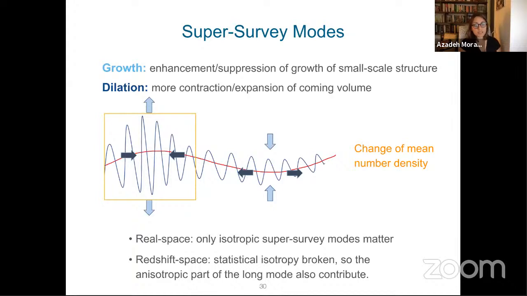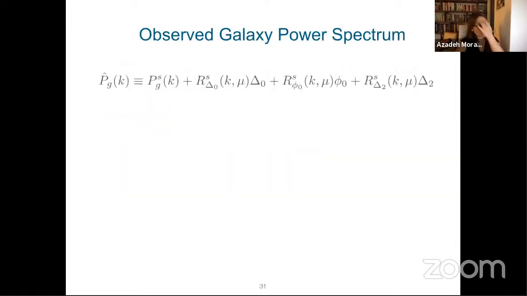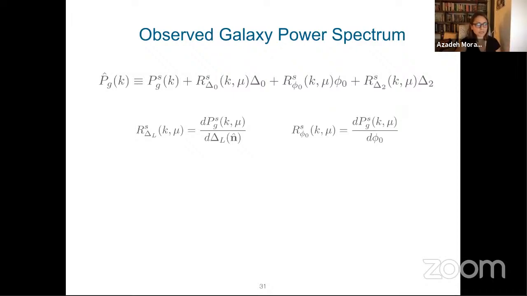While in redshift space, because the statistical isotropy is broken, now a large scale tidal field would also affect the subsample modes. So you can now compute what is the impact of these large scale modes on the small scale fluctuation in the context of, for instance, the response function.